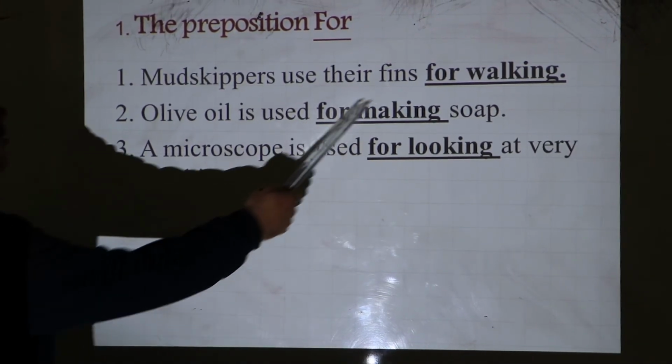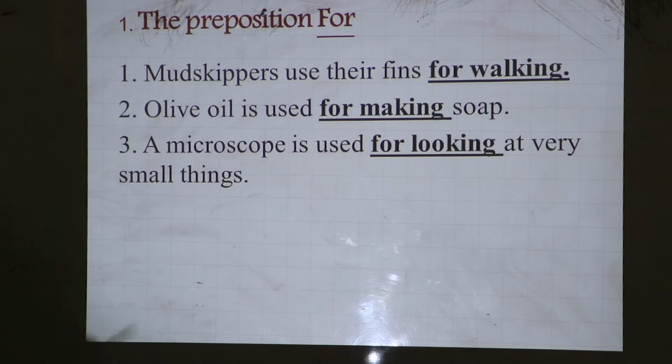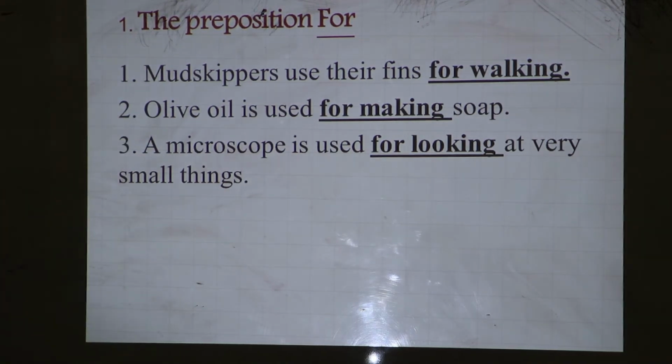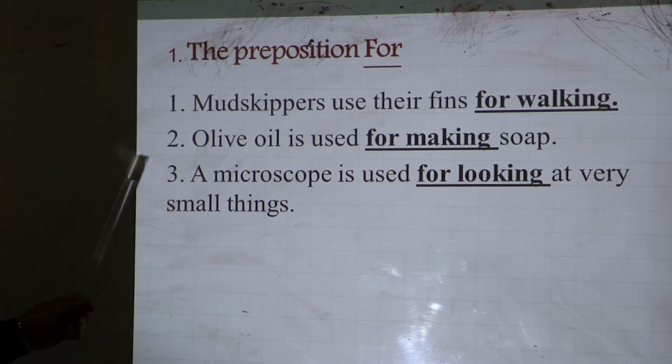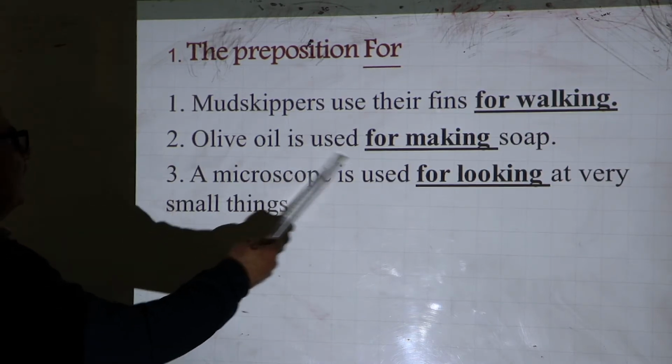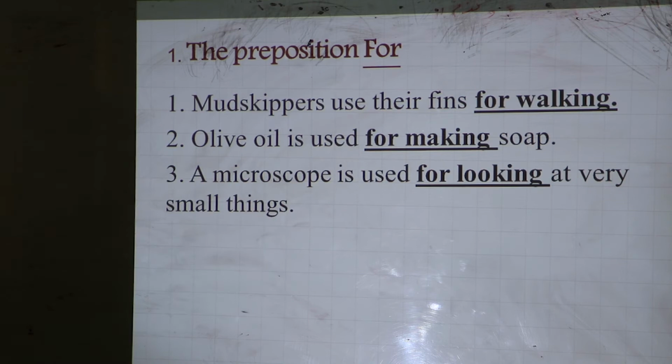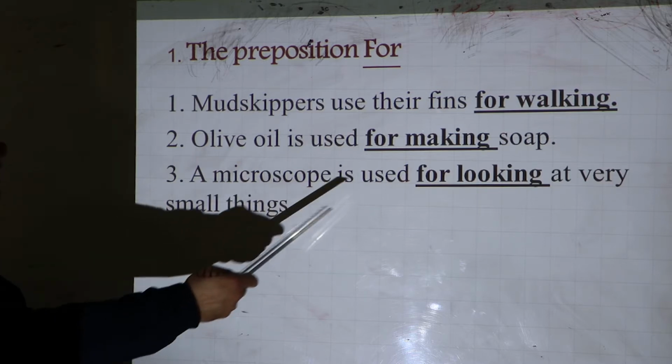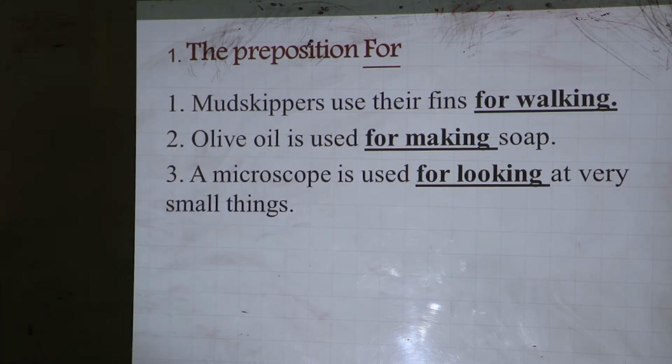The use of the fins is walking. And number two, olive oil is used for making soap. So we say, what is olive oil used for? The answer is making soap. The purpose of olive oil is making soap.